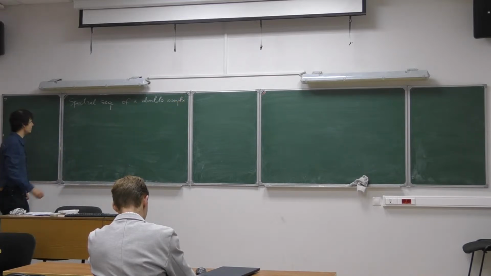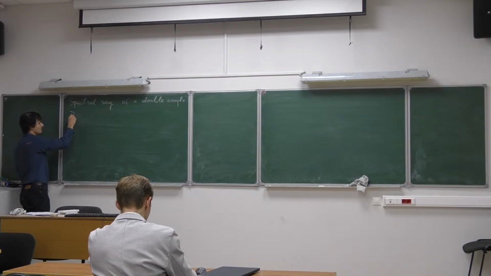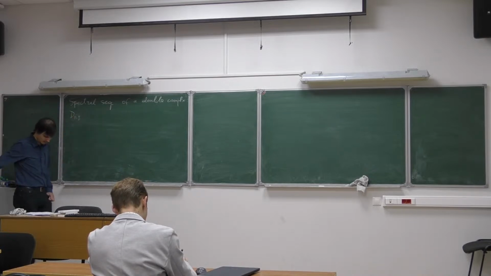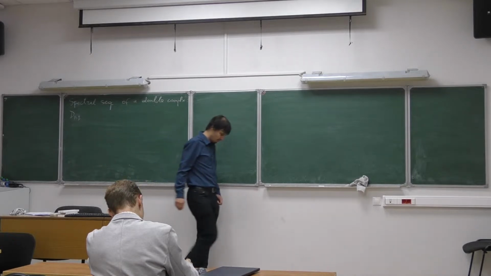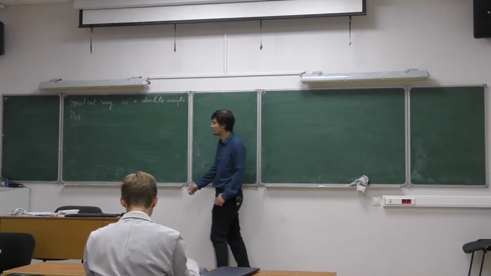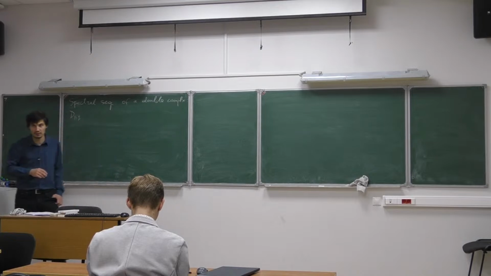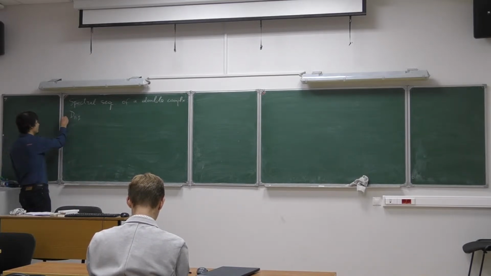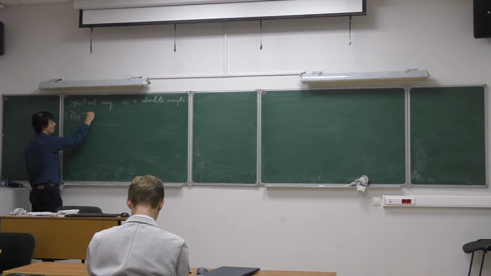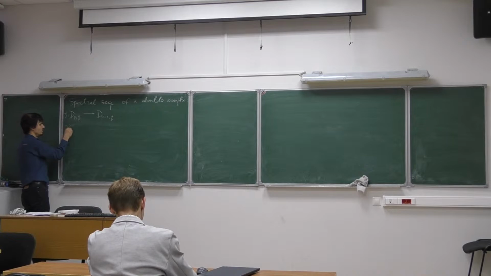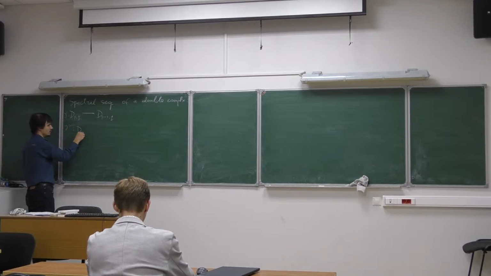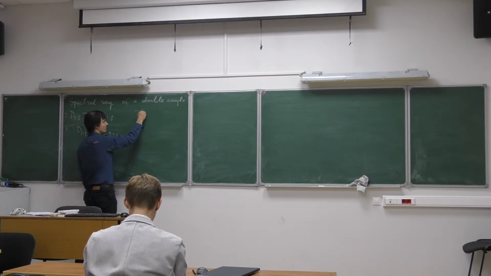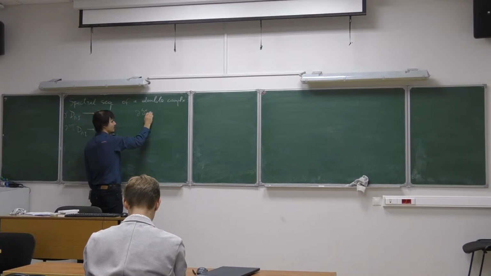A double complex is a set of abelian groups indexed by two integral indices with a pair of differentials. The first decreases the first grading, the second differential d2 prime decreases the second grading. And I prefer the convention that these differentials anti-commute.